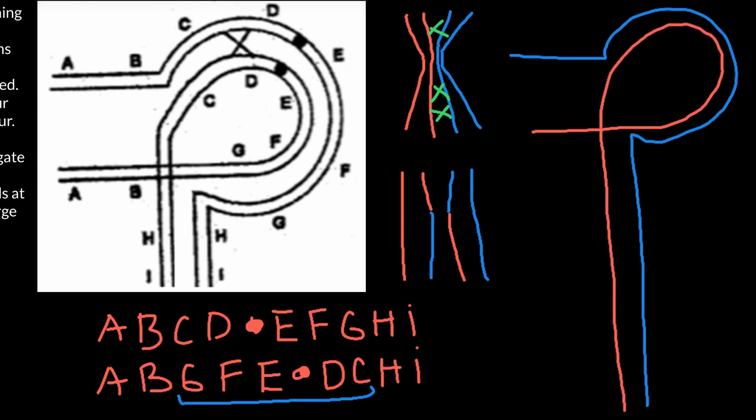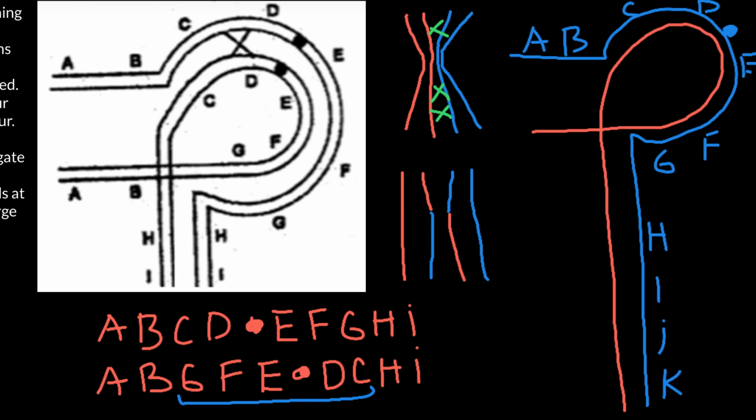Once again the order of genes is as follows: A, B, C, D, then here we have the centromere, then E, F, G, H, I, J, and K.